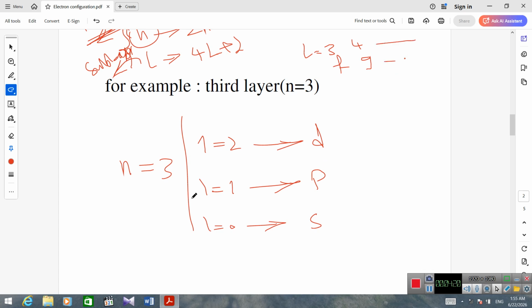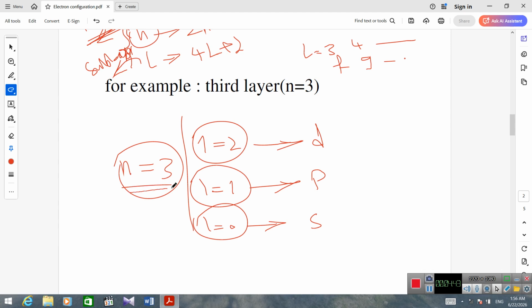But in sublayers, when n is equal to 3, we can have 3 sublayers. One important thing is that the number of sublayers is equal to the layer number. I mean, when n is 3, we have 3 values for l.